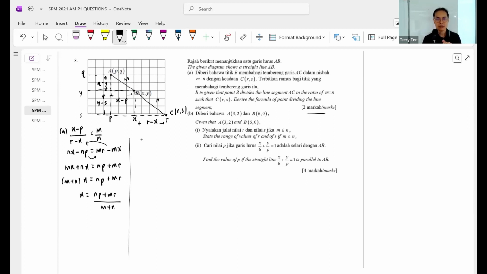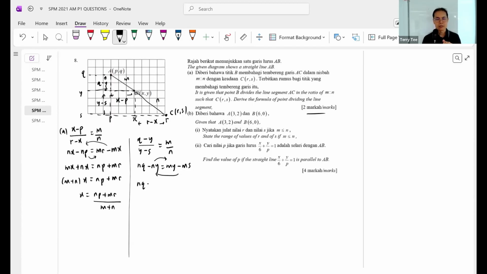So we work out the same concept. We write q minus y. Q is higher, right? Q minus y divided by y minus s. The ratio is m over n. Cross multiply: nq minus ny equals my minus ms. This time I need to bring this to the right, bring this to the left.